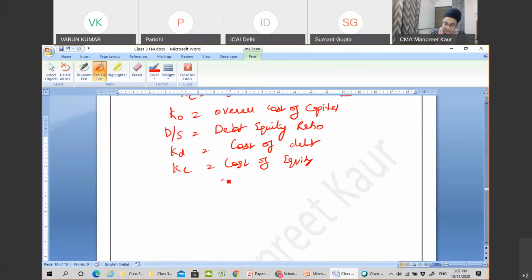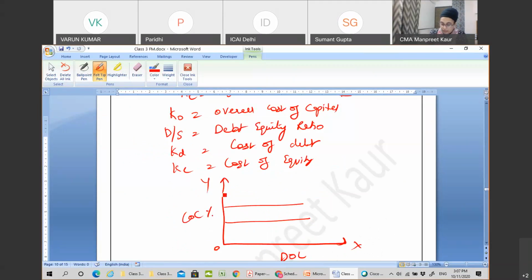And graphically this proposition says: cost of capital in percentage, KD, KO, KE. That is the KO, that is the KE, that is the KD. This all remains constant, and they are going to increase as debt increases, KE increases, overall capital is also increased. So this is the Modigliani-Miller approach.